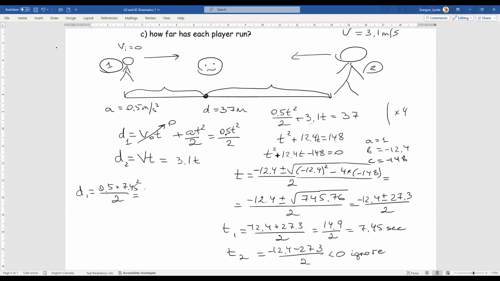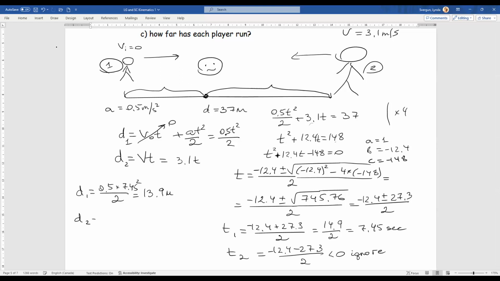On calculators, you even have buttons like x squared. Then divide by 4 basically. 13.8, 13.9.